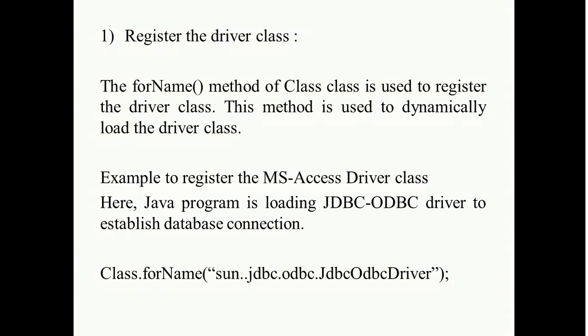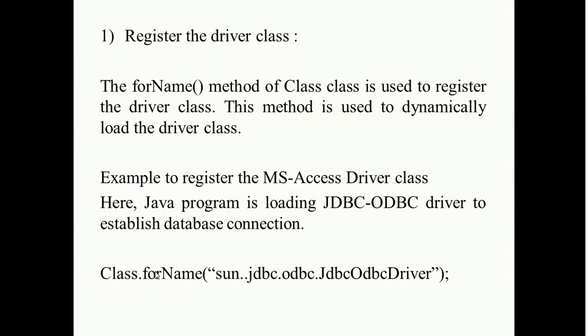So the syntax is Class.forName("sun.jdbc.odbc.JdbcOdbcDriver"). This statement indicates that the Java program is loading the JDBC ODBC driver to establish a database connection.